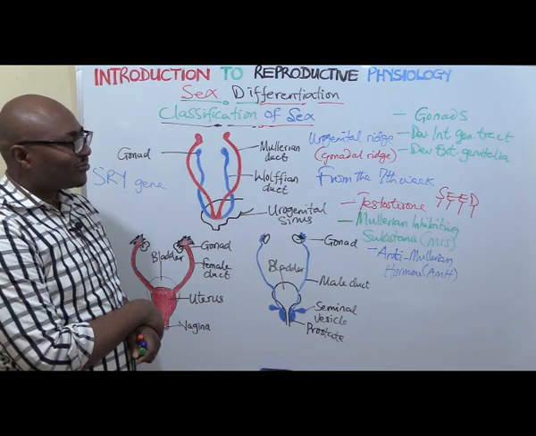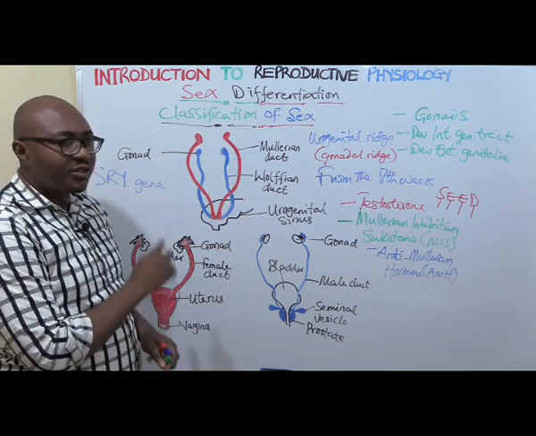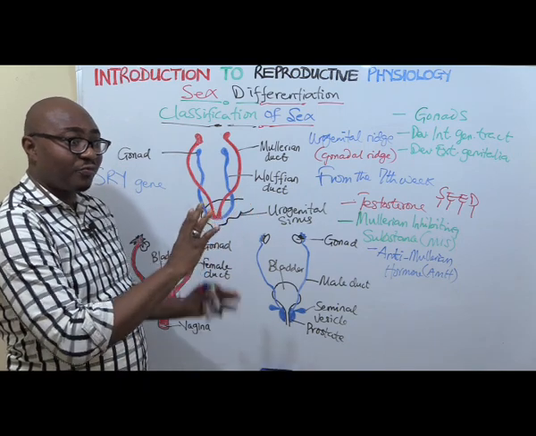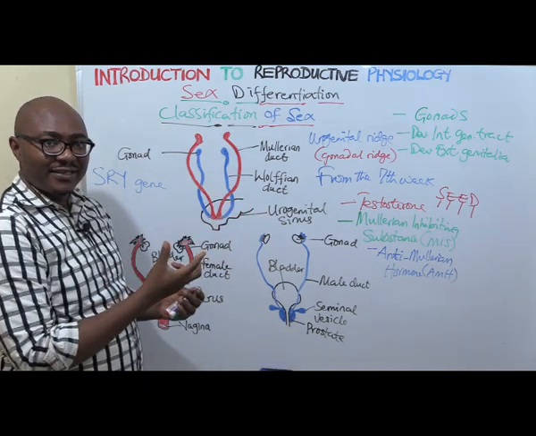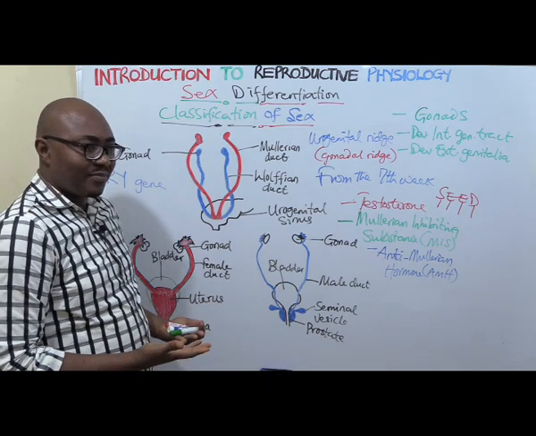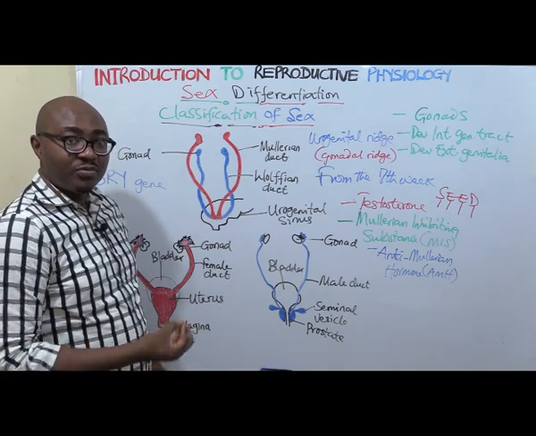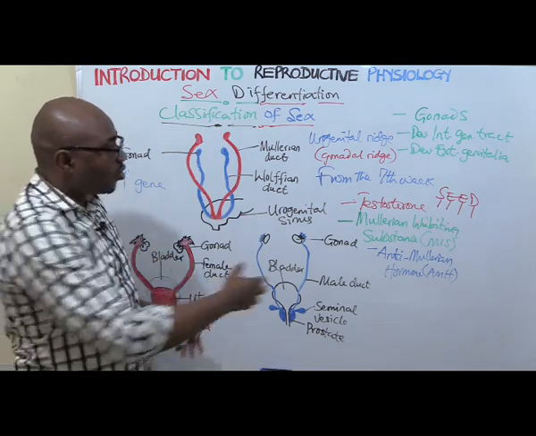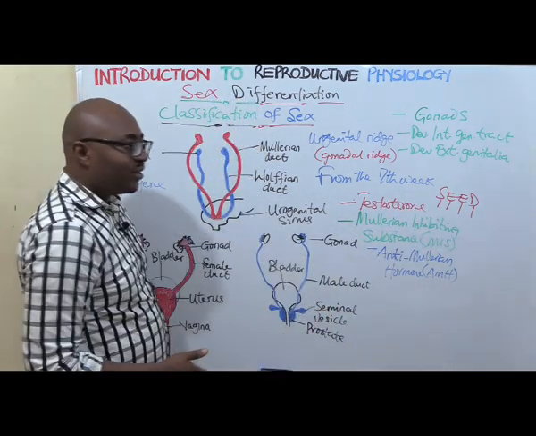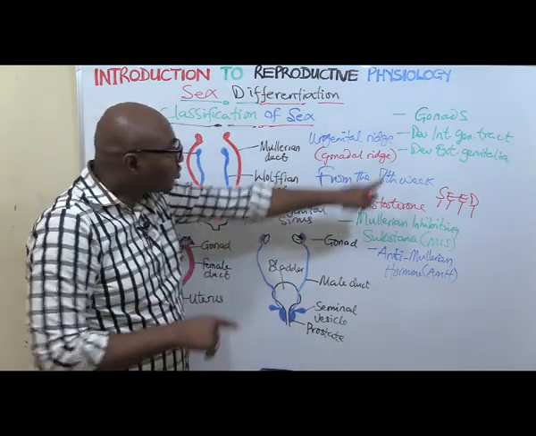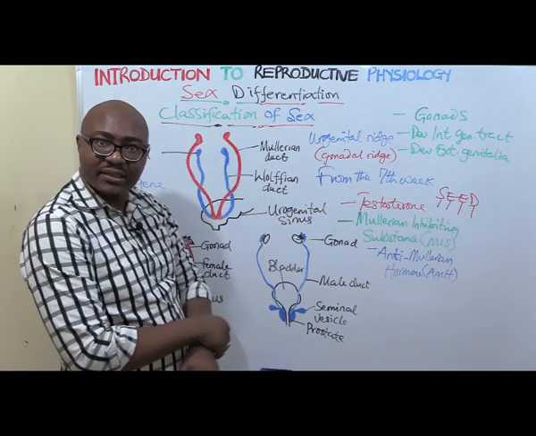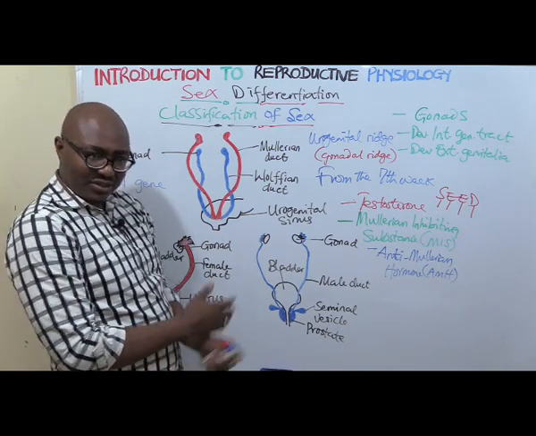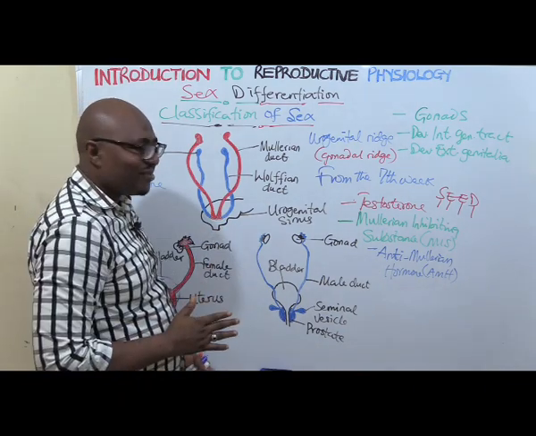Now there is something different that can be confusing even when males begin to develop, in the sense that you can have a male who has a testis, has all this internal genitalia, but can end up having a female external genitalia. How does it happen? But he has testosterone and MIS.